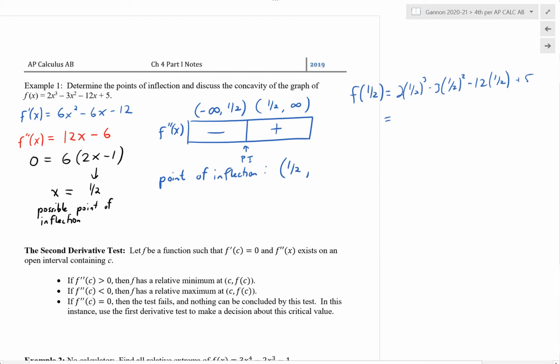So here we're going to get 2 times 1/8 minus 3 times 1/4 minus 6 plus 5. So this is going to be 1/4 minus 3/4. And negative 6 plus 5 would be negative 1. If we get a common denominator, that becomes negative 4/4. So we have 1/4 minus 3/4, which is negative 2/4, minus 4/4 is negative 6/4. And that simplifies to negative 3/2. So the point of inflection is at (1/2, negative 3/2).